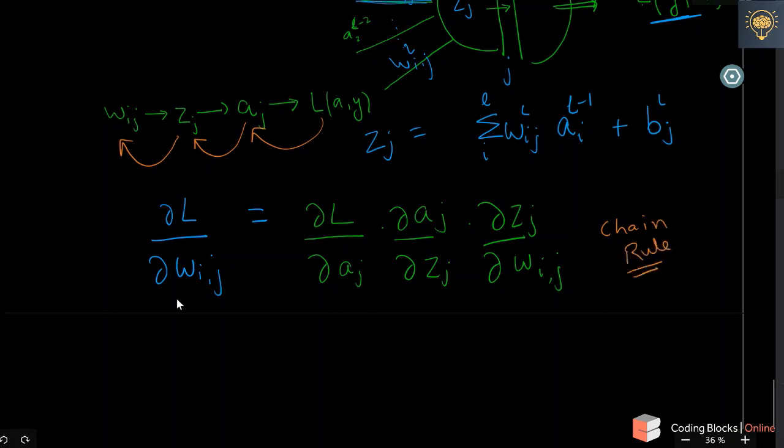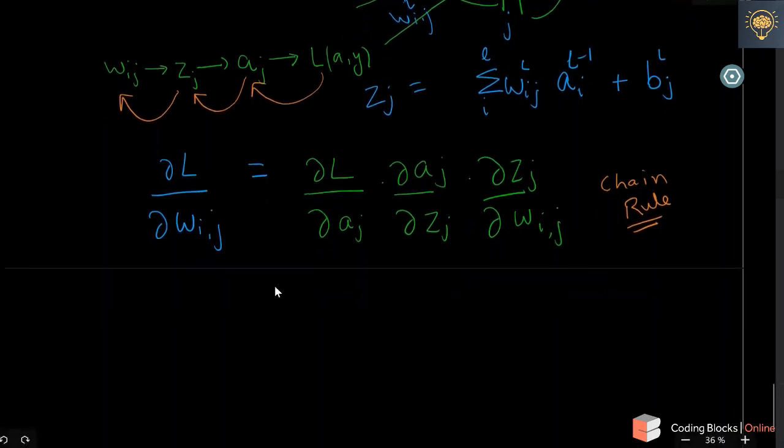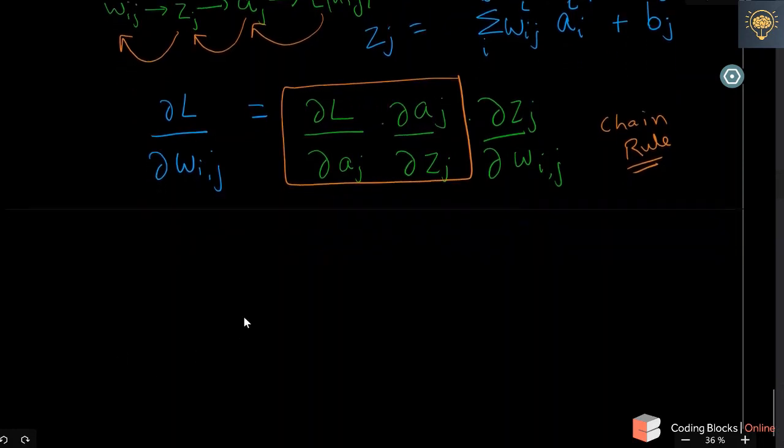Okay, so we can write this equation in this format. Now let us talk about what each term is. Let us find out the value of this term, and I am going to denote this term as delta^L_j.